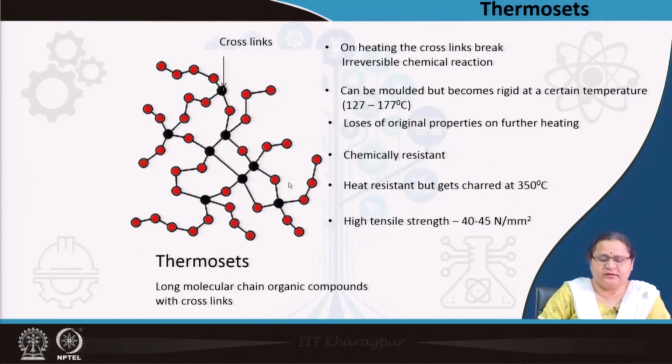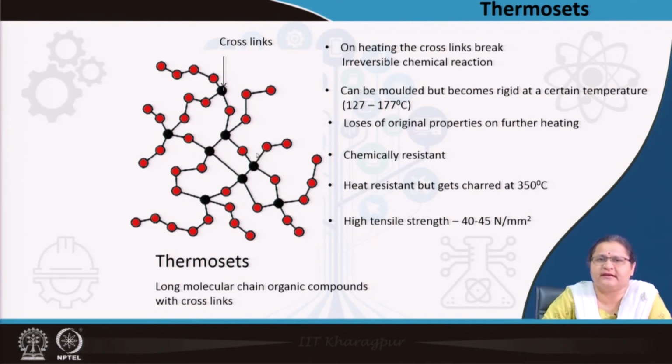So, after knowing thermoplasts, the other important type of polymer is the thermoset. What happens here? You see the cross links, the black spots are the cross links which actually dissociate when it is heated. But yes, it does not dissociate at very low temperature which thermoplasts do.